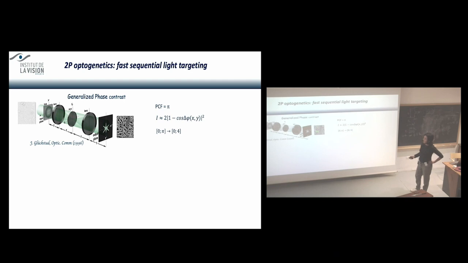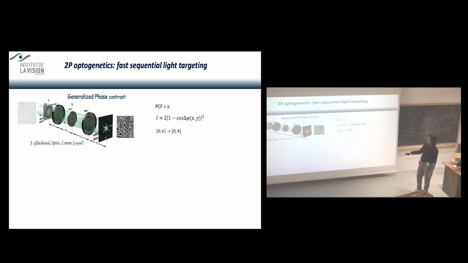The second point is that our phase object is now not in the sample plane, but is actually a spatial light modulator. So we can impose any phase distribution on the spatial light modulator, and with the same physics I was describing before, this phase object is transformed into an intensity modulation. Then you can find the conditions: now the phase shift has to be π, and if you do things well, you can have a maximum contrast.